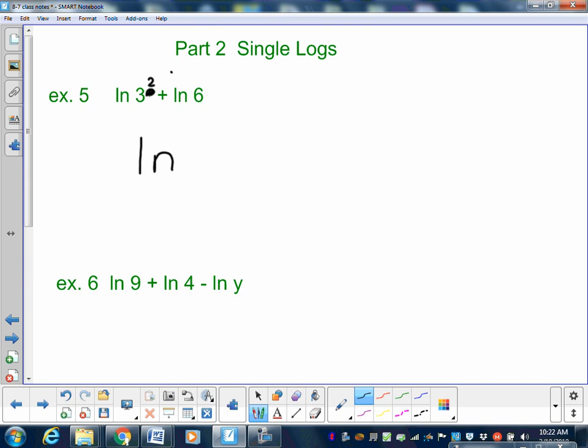The first thing I need to know is 3 squared is what? 9, right? So this is a 9. On the test, do I just add those 2 together to get my final answer of the natural log of 15? Is that what you're supposed to do if there's an addition sign in between? You're supposed to multiply. So the final answer is the natural log of 54. Final answer.